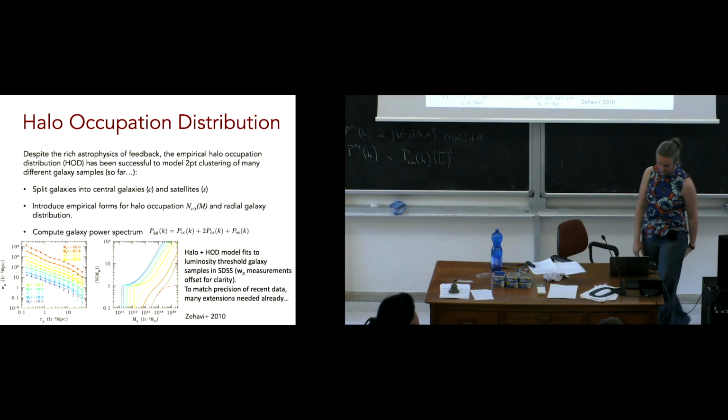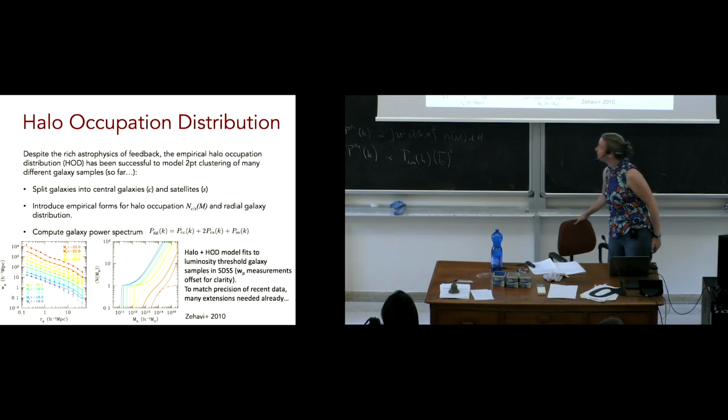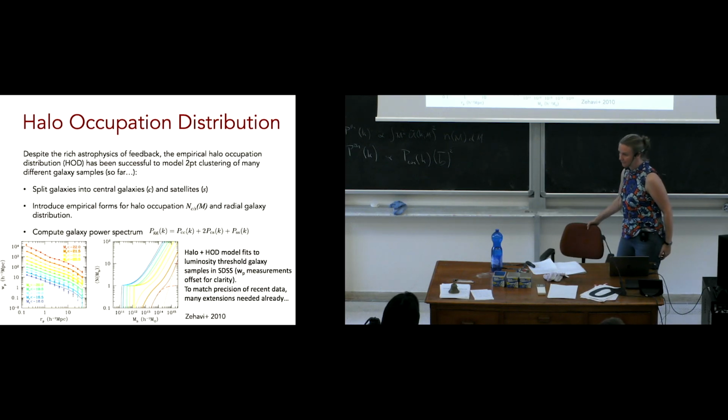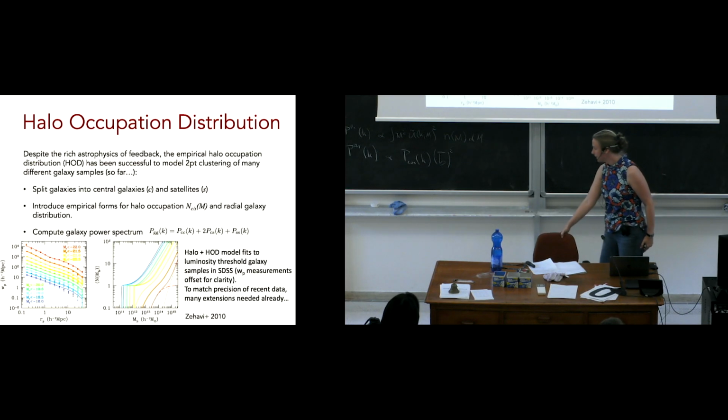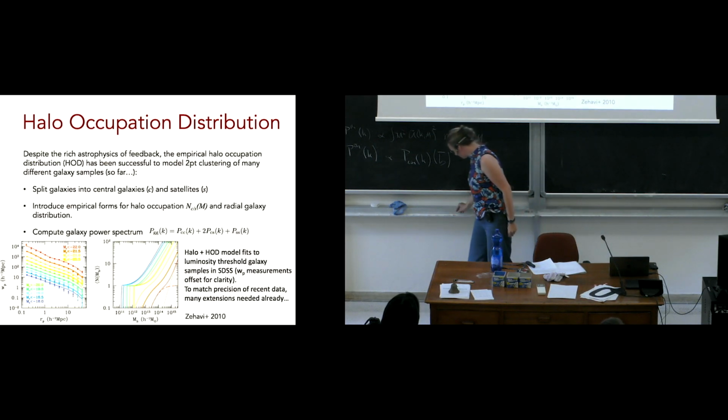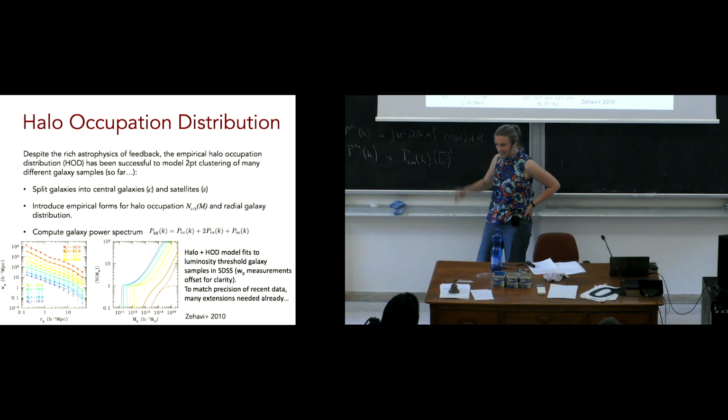Sorry, how you do the splitting, how you define it? For us, initially this is mostly an operational thing that we need to do in the modeling, and I will show you why now.